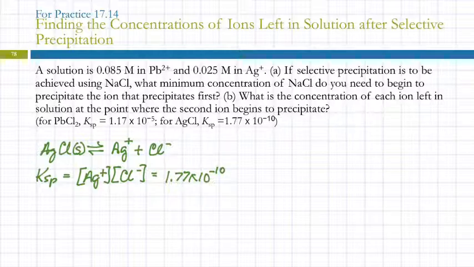So it's asking what is the minimum concentration of sodium chloride to precipitate this silver, to begin the precipitation. So we've got the silver ion concentration. We're going to plug that in, and we're going to solve for the chloride ion concentration. So we've got 0.025 times the chloride ion concentration is equal to that KSP.